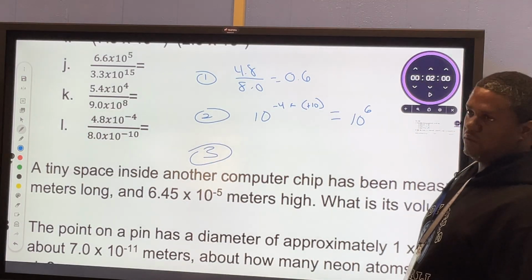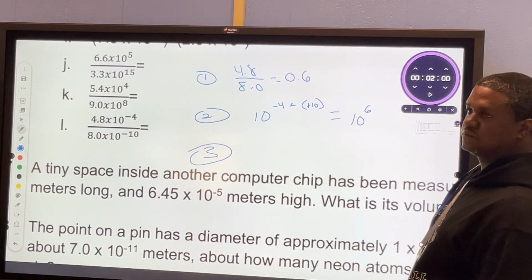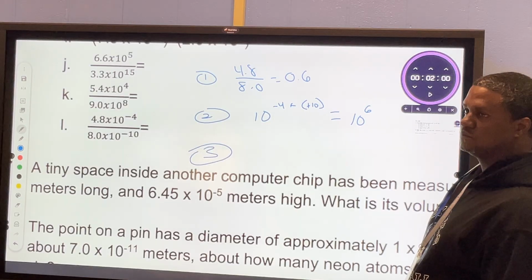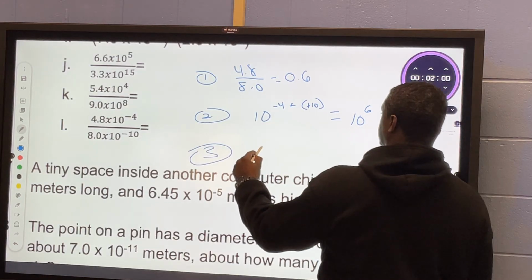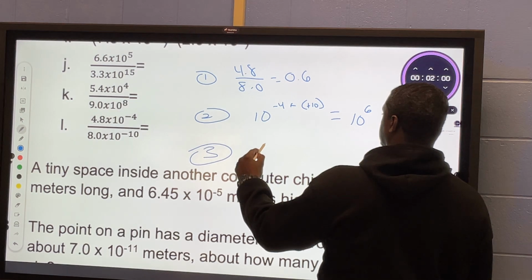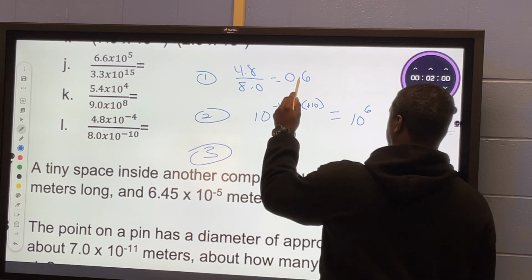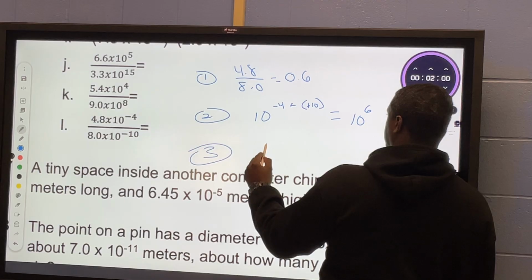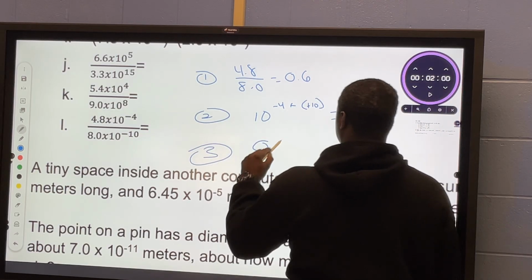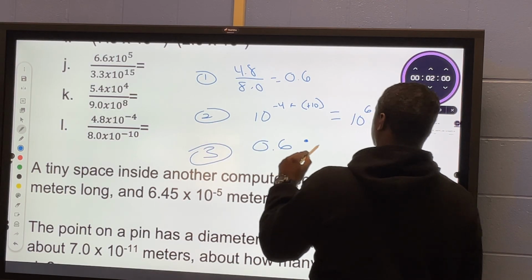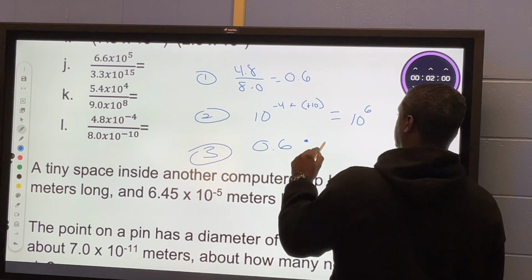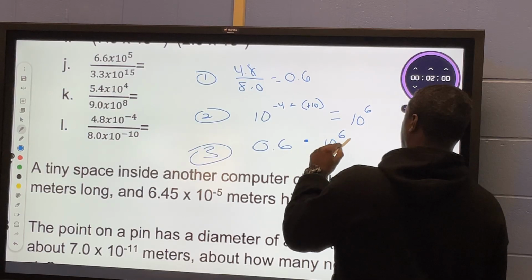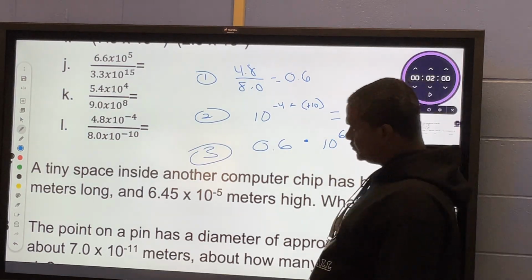Step 3, combine. Alright, that's my final answer.